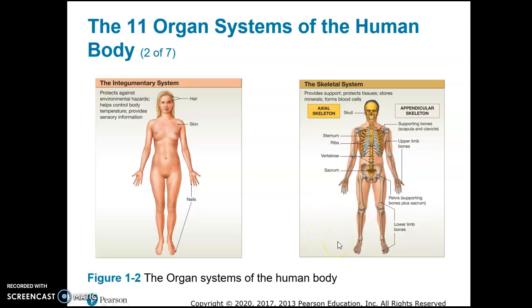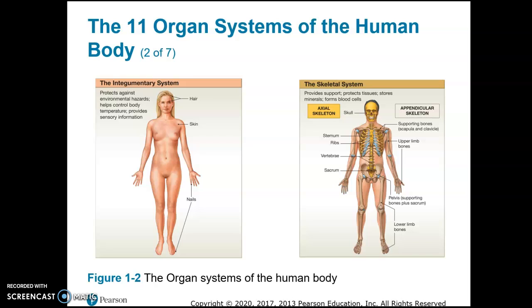Then we have the skeletal system, which consists of the axial skeleton, which is the skull, and then the vertebrae and the ribs. And then the appendicular skeleton, appendages are structures that kind of extend out from the main body. So arms and legs, for example.